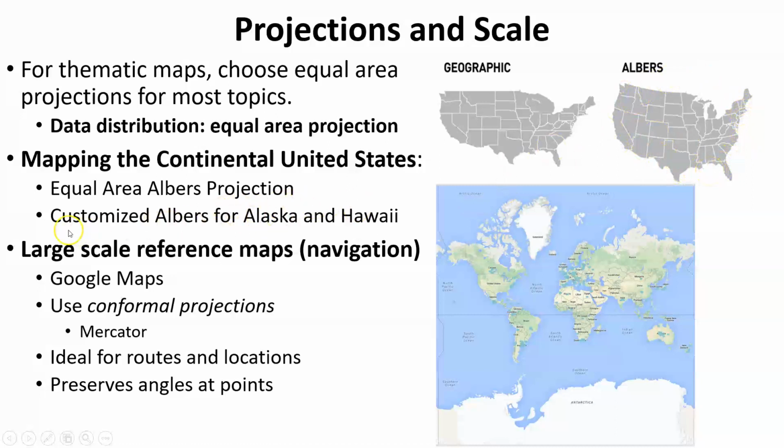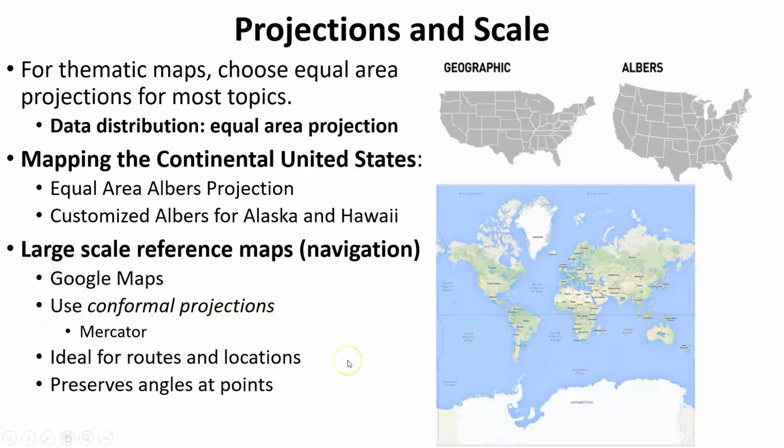Hawaii and Alaska also have their customized Albers projection, and the Albers projection is ideal to map the northern latitudes because it's a conic projection. For large-scale reference maps that are used in navigation, the default projection, for example, used by Google Maps is a conformal projection known as the Mercator or Web Mercator projection.